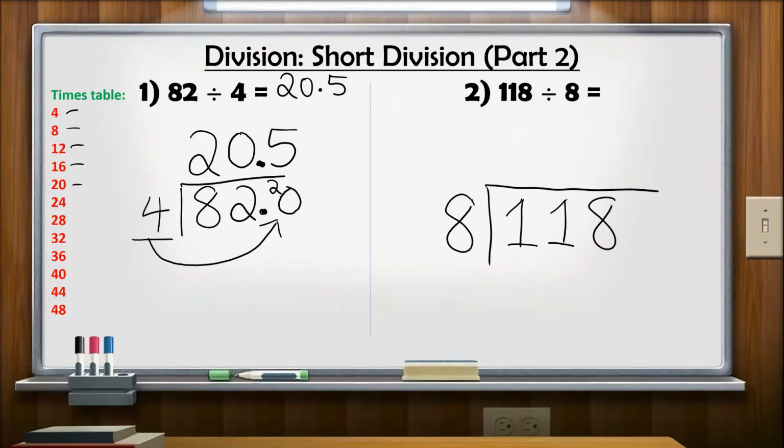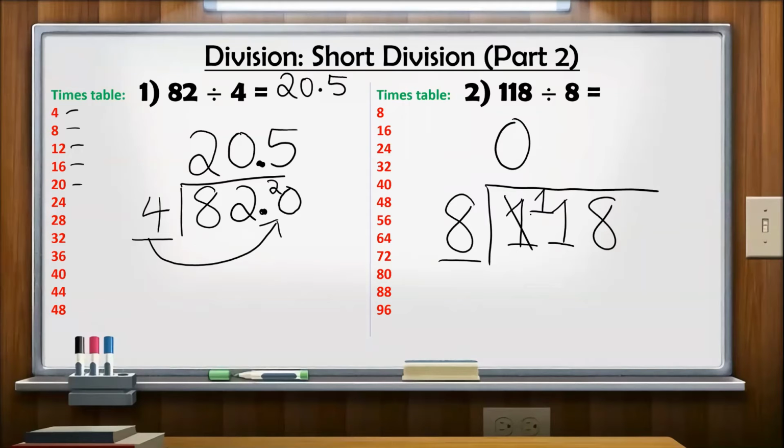Again, I will write out my times table, which will help me with my calculation. First, I'm going to ask myself, how many 8s are there in 1? Or how many 8s can I take out of 1? And the answer is 0. Now I'm going to cross off my 1 and carry it over to the next digit. Now my 1 becomes 11.